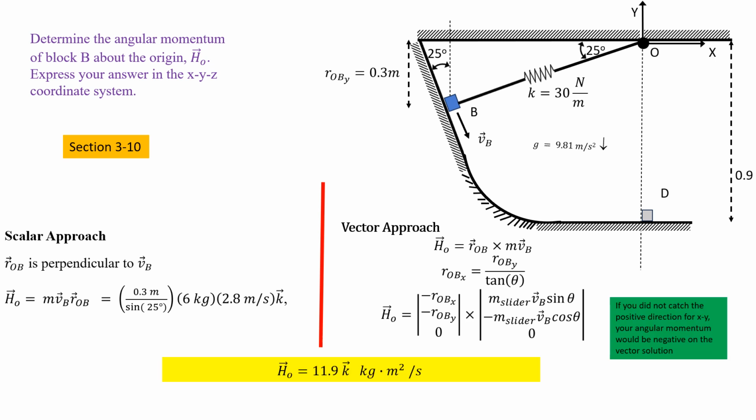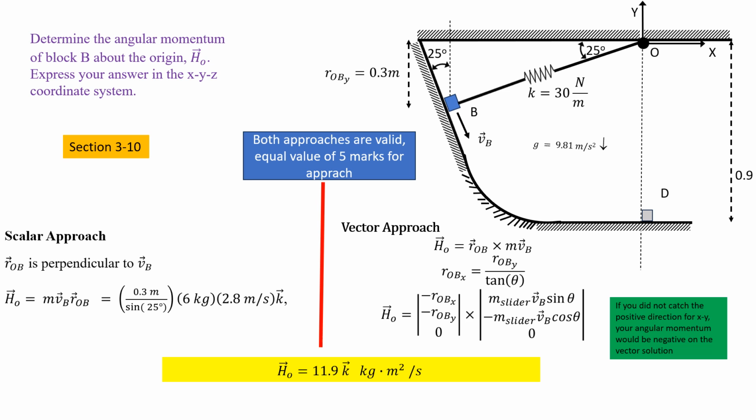Either way, you would get the same result, 11.9 kilogram meter squared per second in the K direction. If you had a problem with your positive directions, you would get a negative value on your vector solution. So both approaches are valid, both equal value of 5 marks for this approach. And you can see how we sort of distributed those results.